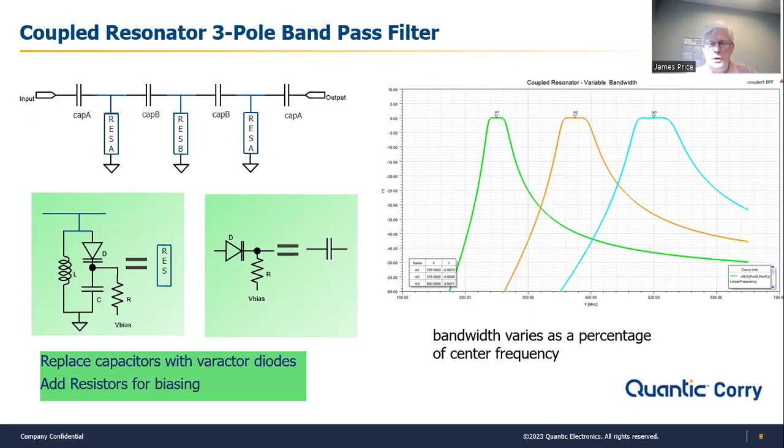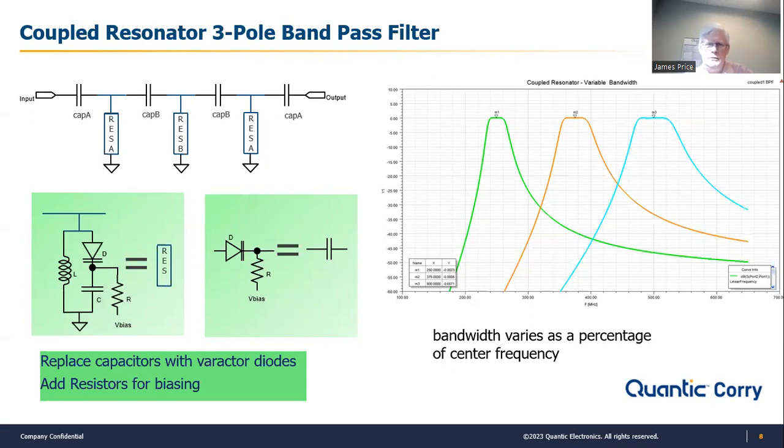The frequency response is shown in the graph over to the right. So this is ideal. There's a pretty high Q in this. There's really no losses, and so these things look pretty perfect. In this example, the lower band pass is centered at 250 megahertz, and the higher is centered at 500 megahertz.